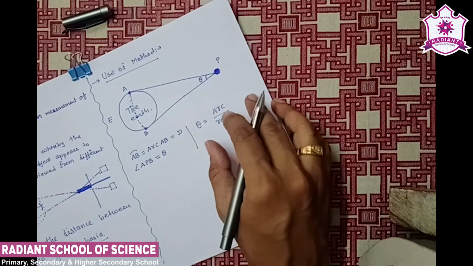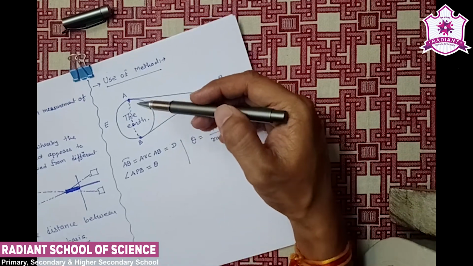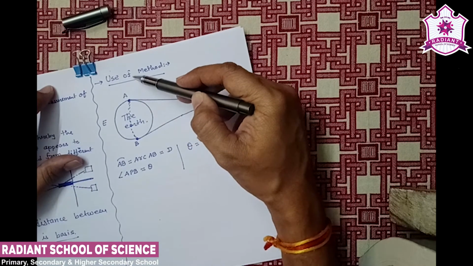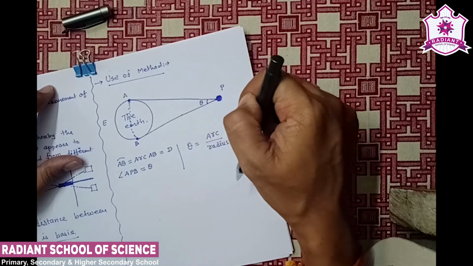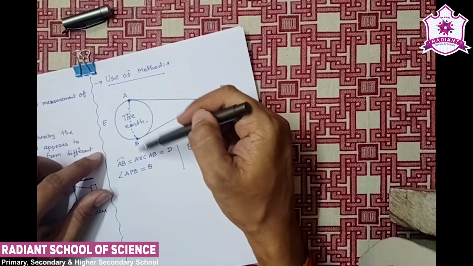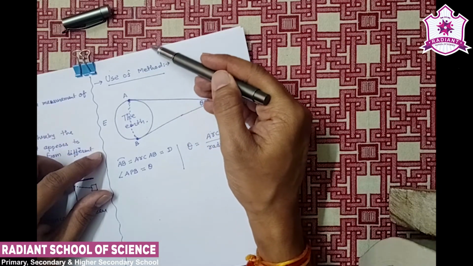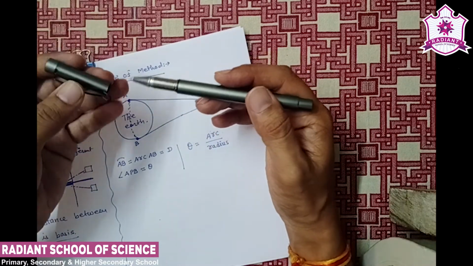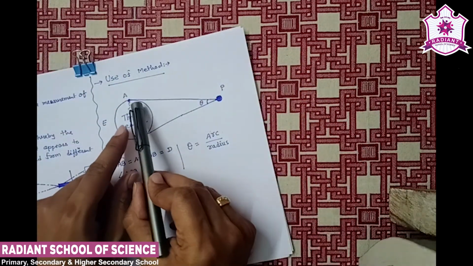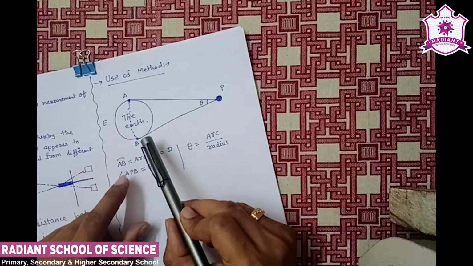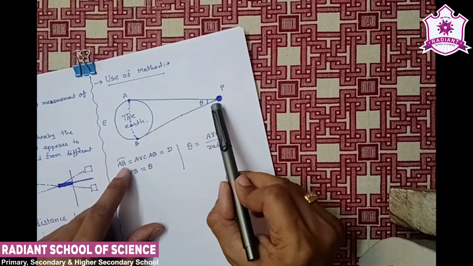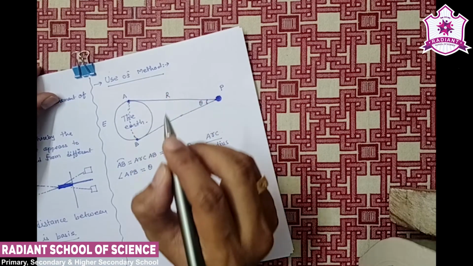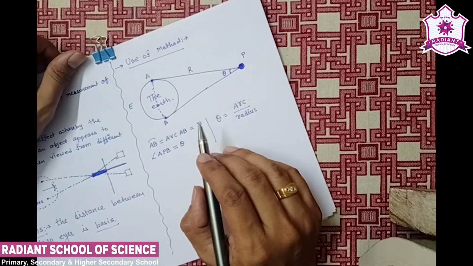So here if we consider that this arc AB is a part of some actual circle, we can imagine that this portion, that is AP or BP, will be some distance r that we can consider as a radius.